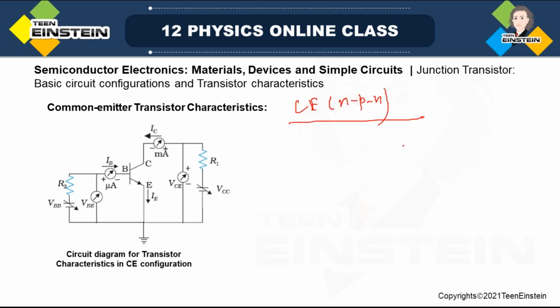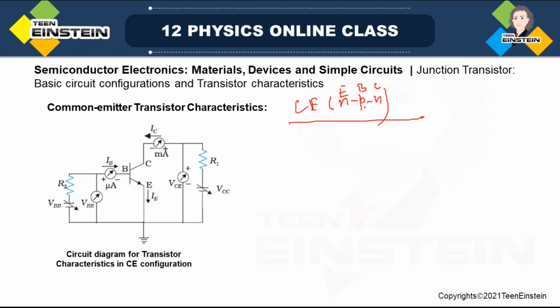NPN transistor means N type is the emitter here, the base is P type semiconductor, and the collector is again N type semiconductor.